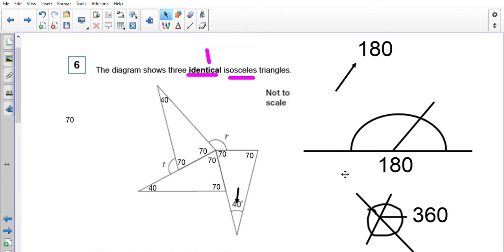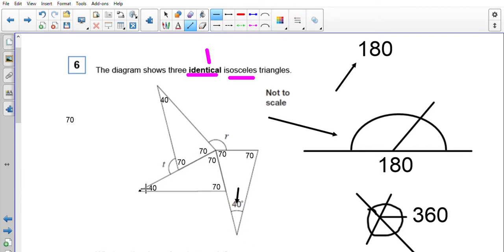Actually, now I've done that, R and T have both kind of explained themselves if I use these two things here. Let's look at R first. For R, I'm going to need to use this bit of information: angles on a straight line equal 180. Here is my straight line. You should be able to see it. If you can't, here it is for you.